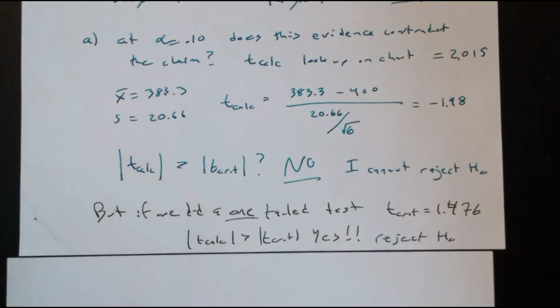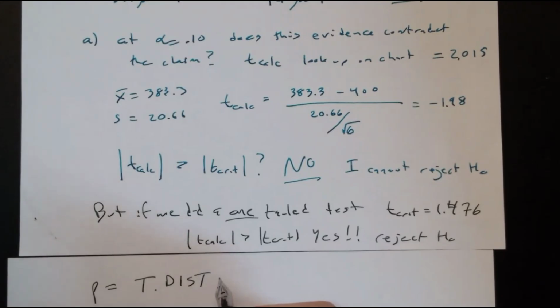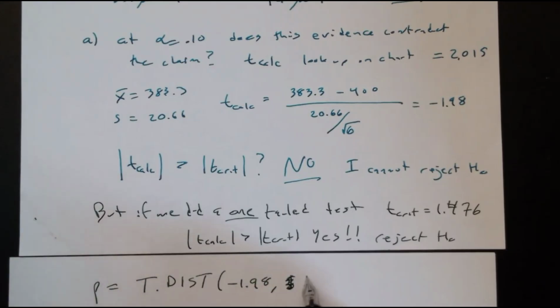So in Excel, I need a 5 somewhere in here. Hang on. I think that's one. It's 5, comma 5, comma 1. Let's open Excel and check.